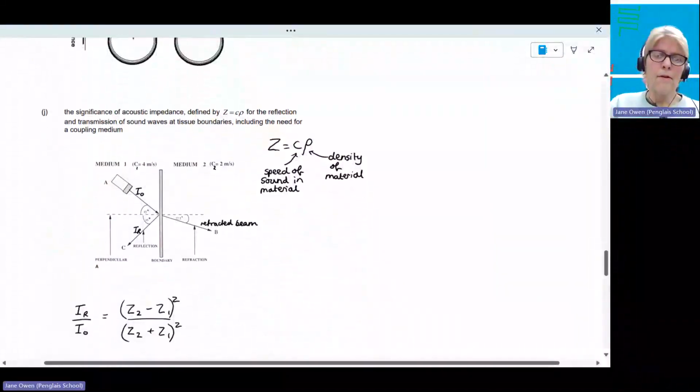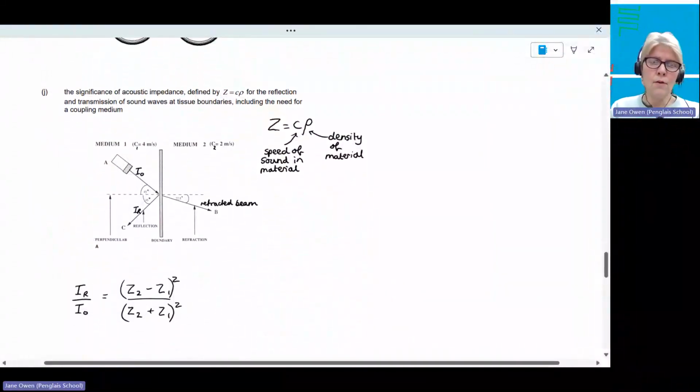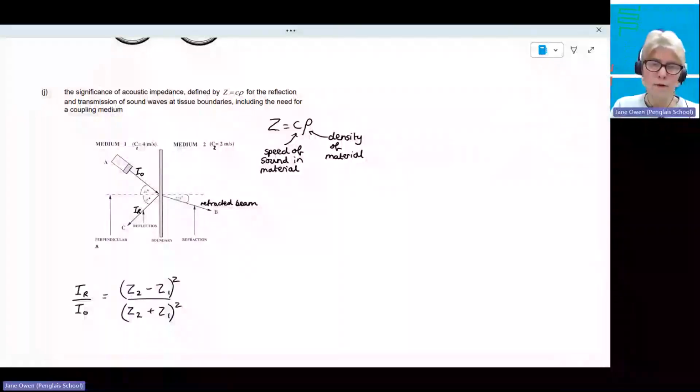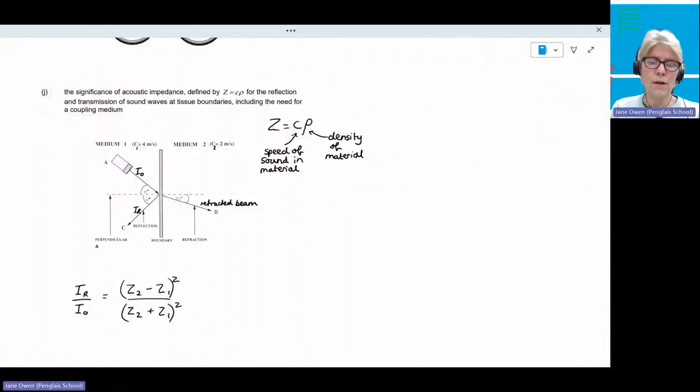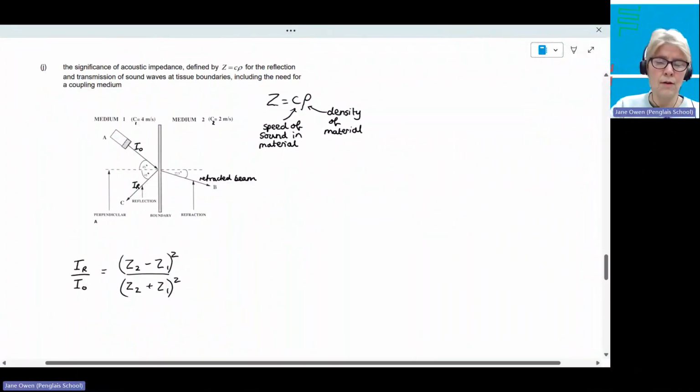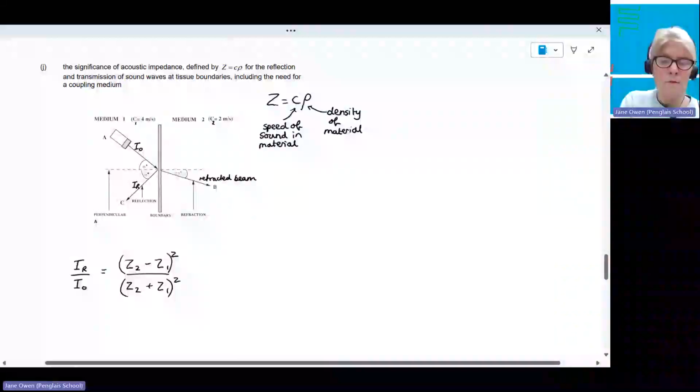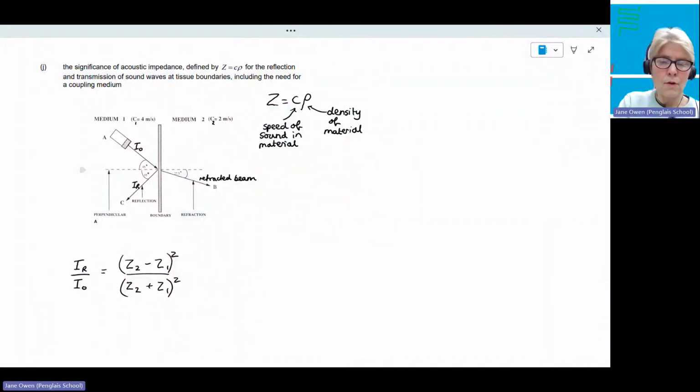And this plays on acoustic impedance, i.e. the absorption or reflection of the ultrasound wave. So if we have an incident wave onto a boundary of 2 different mediums where the speed of the ultrasound is different, then some of it will get reflected and some of it will get refracted into the body.